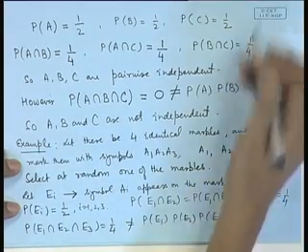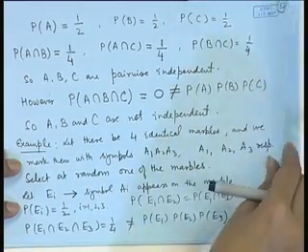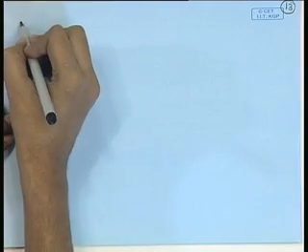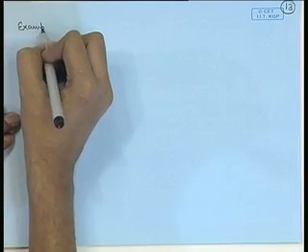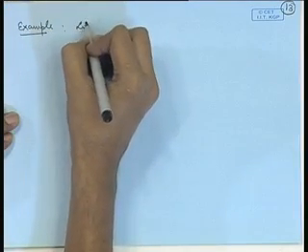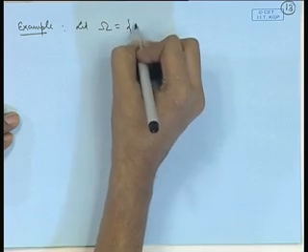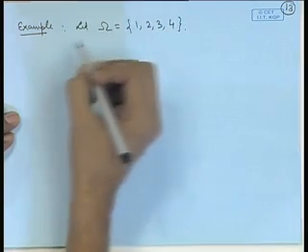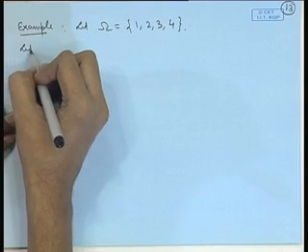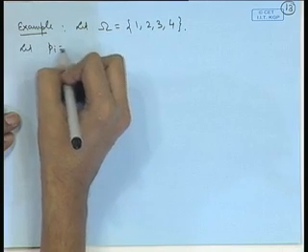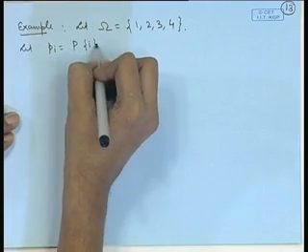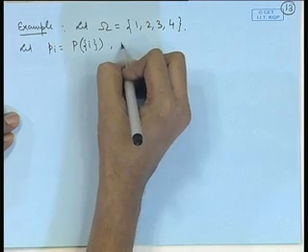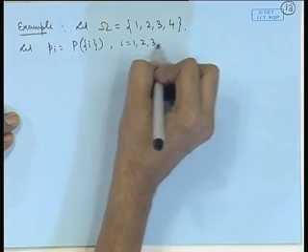Let me take one more example. Consider, say, omega is equal to 1, 2, 3, 4. Let Pi be the probability assigned with the set consisting of i, for i equal to 1, 2, 3, 4.